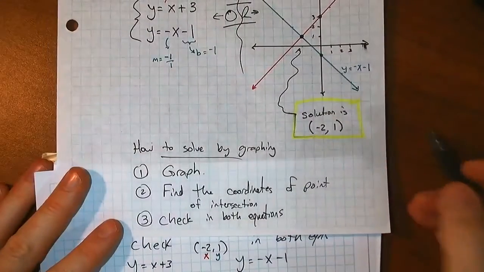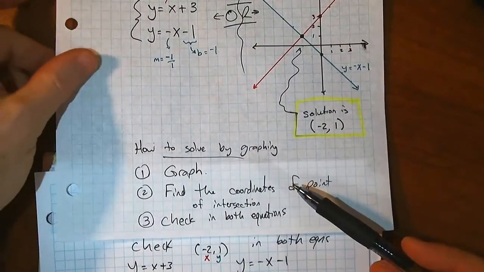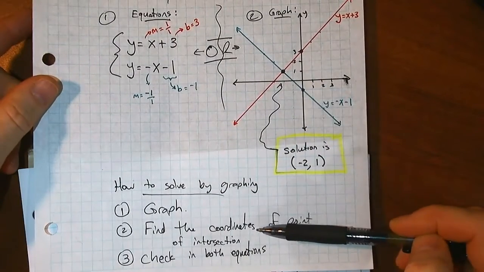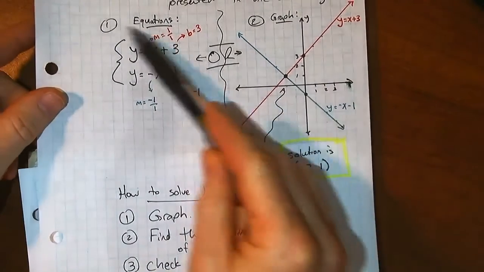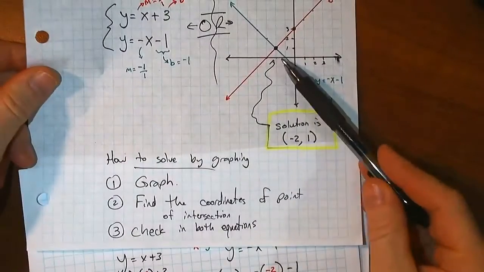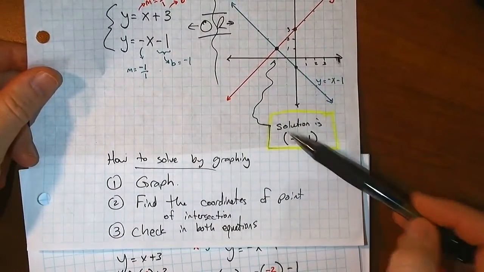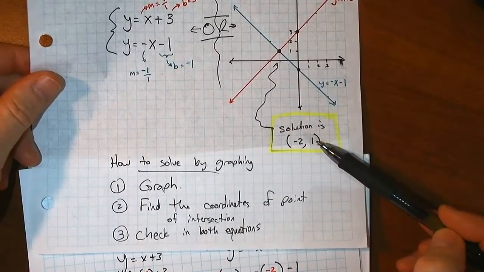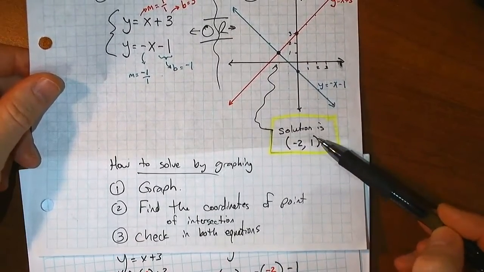So this is the basic idea of how to solve by graphing. You need a graph. If they give you a graph, then you just jump right into step 2. If they don't give you a graph, then you go through the process of making it. Okay, then you find the point where they cross. That is your solution. So in a very real sense, once you find that point and you write down the ordered pair, there's a real sense in which you're done with the problem.